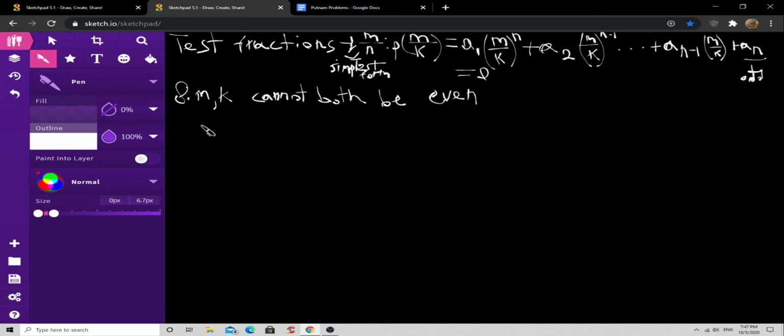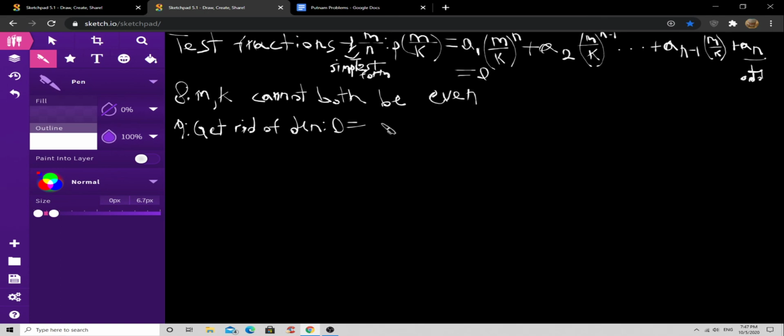So that's just going to leave us with 0. So basically just multiply by k to the n.